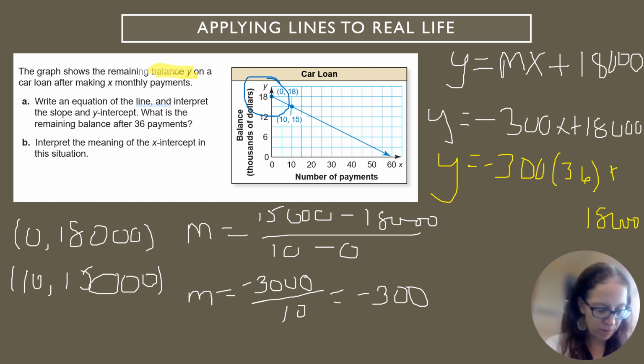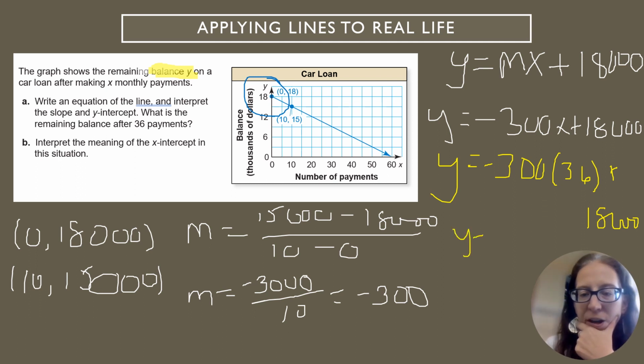So negative 300 times 36 plus 18,000. 7,200. I said about 7,500 a moment ago, so my estimate was okay.